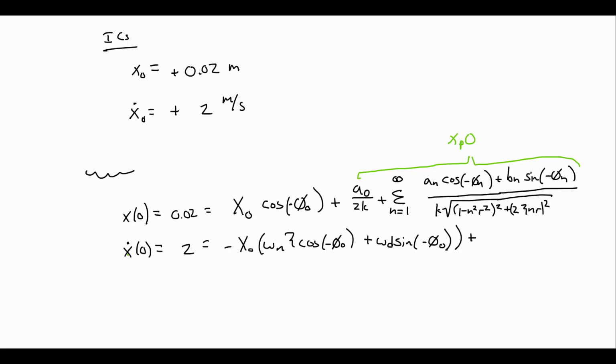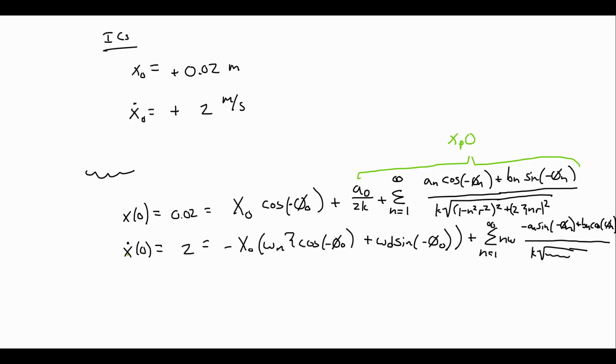I will have sum of n equals 1 to infinity of n omega, because I'm differentiating this part as well, negative a_n sine negative phi naught, plus b_n cosine of phi naught, it's a little cramped, over that k times the square root. I won't rewrite all of that, but it's the same thing that we had above.